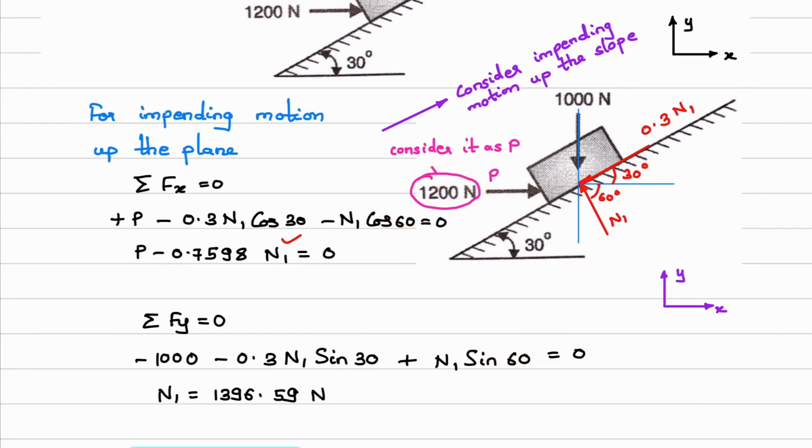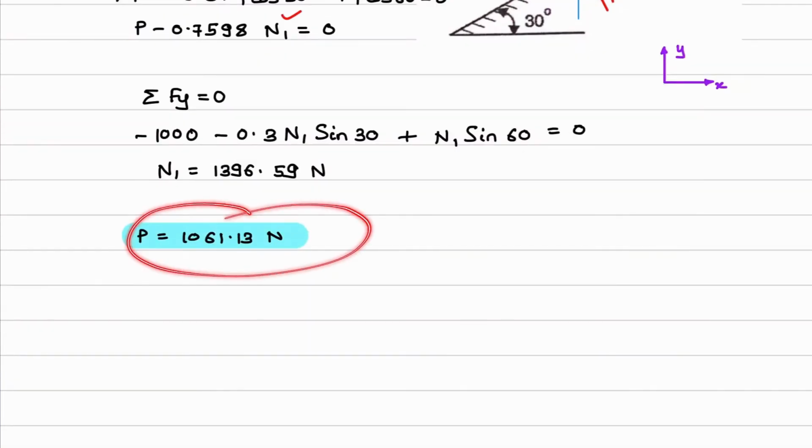If the given value 1200 Newton is in between P min and the P max which we have calculated, then the body will be in equilibrium.